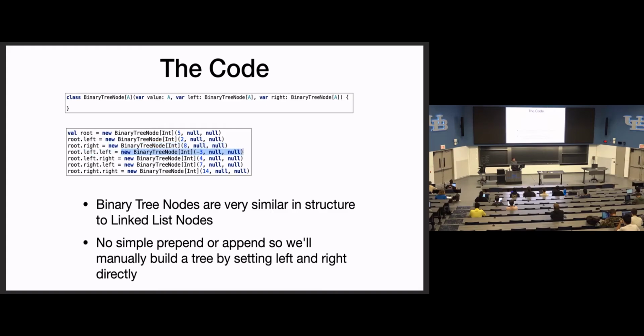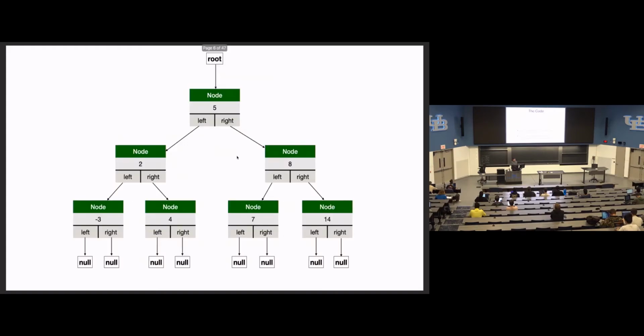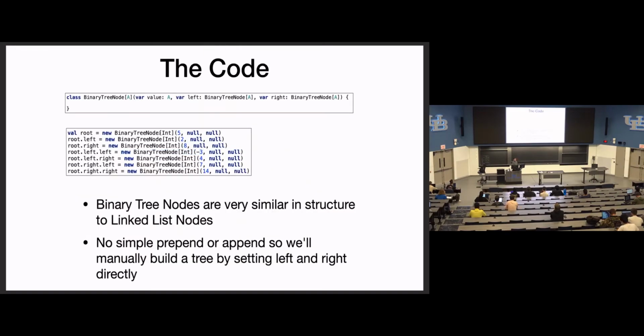Root.left.left equals a new node with the value -3, which is this node here. So I'm building this tree by manually setting the references to the nodes as I'm creating them. And this is going to build that tree from that previous slide.